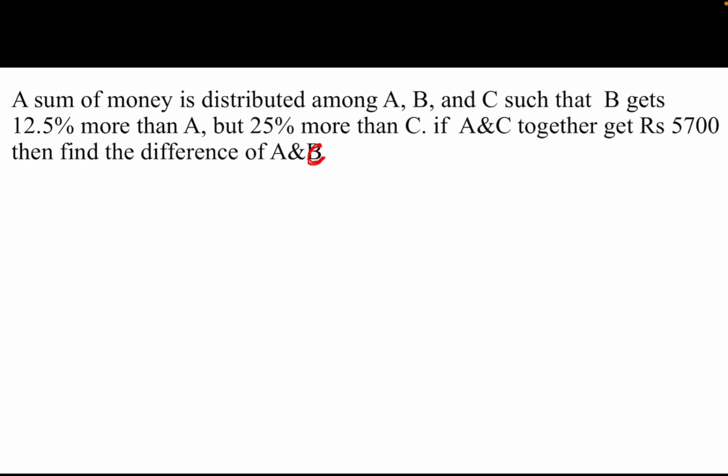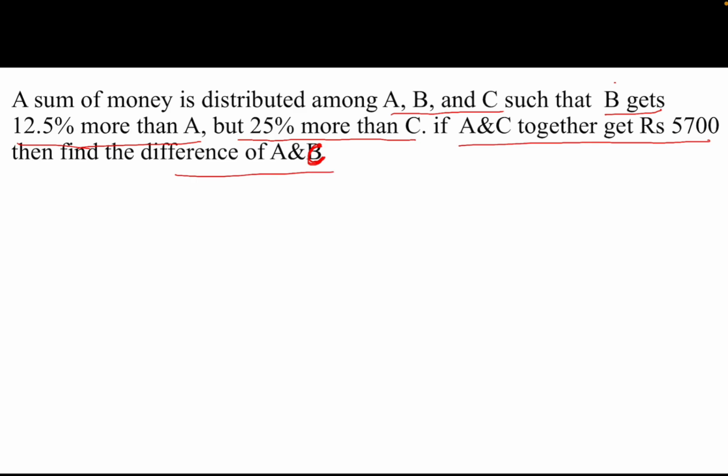A sum of money is distributed among A, B and C such that B gets 12.5% more than A but 25% more than C. The 25% is again referring to B itself: B is getting 25% more than C. Then if A and C together get 5,700, find the difference between A and C.